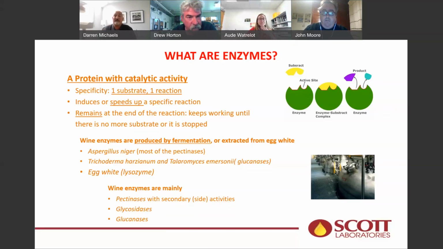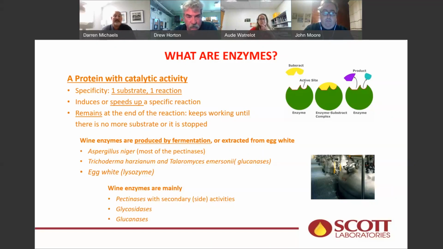Wine enzymes are produced by fermentation or they're extracted from egg white. Because of regulatory limitations and also just European limitations, the vast majority of the enzymes that we use for the wine industry are based from Aspergillus niger, a mold. Most of them are pectinases, but there are some glucanases that we produce with Trichoderma and Talaromyces.